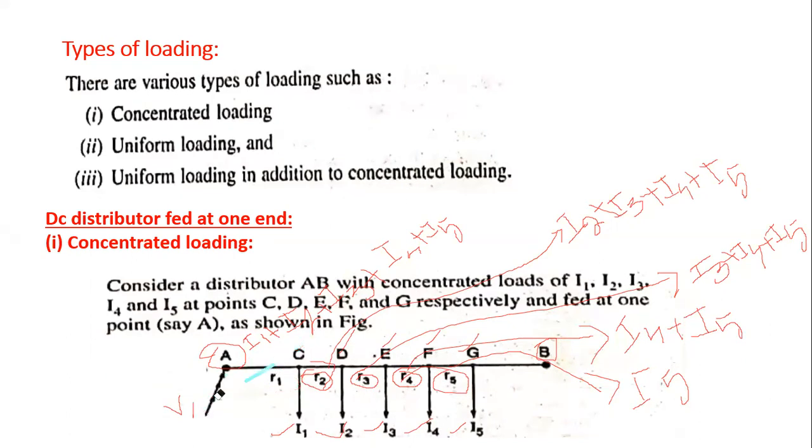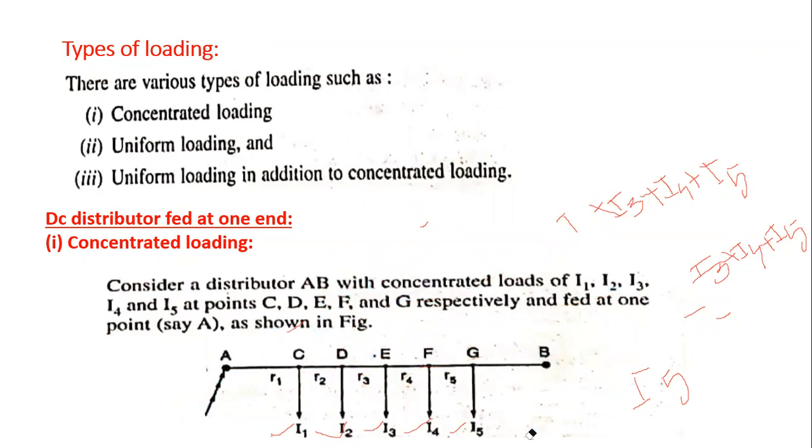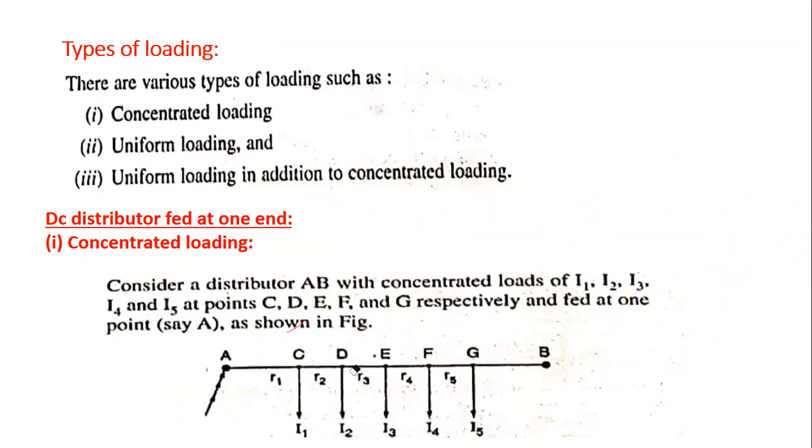Next, write down the voltage drops at each and every section. How many sections are there? AC section, CD section, DE section, EF section, FG section.